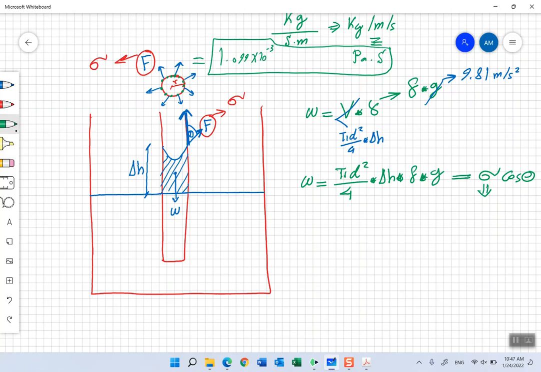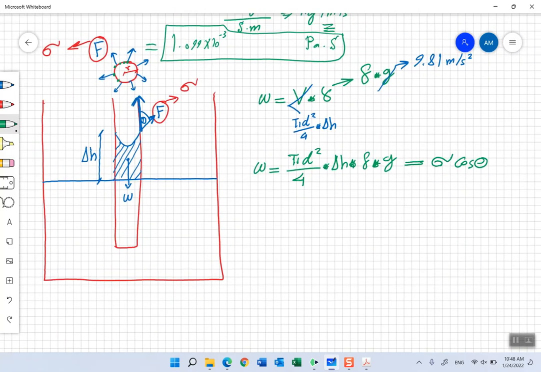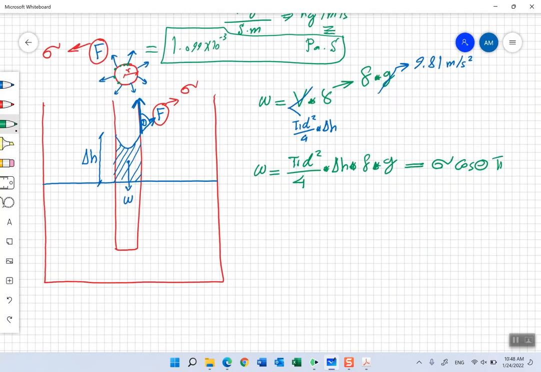Understood? So how can I get the overall or the total force? You should multiply this sigma cosine theta with the perimeter of the circle, which is pi d. So at this point, I have done the equilibrium between the weight and the force.